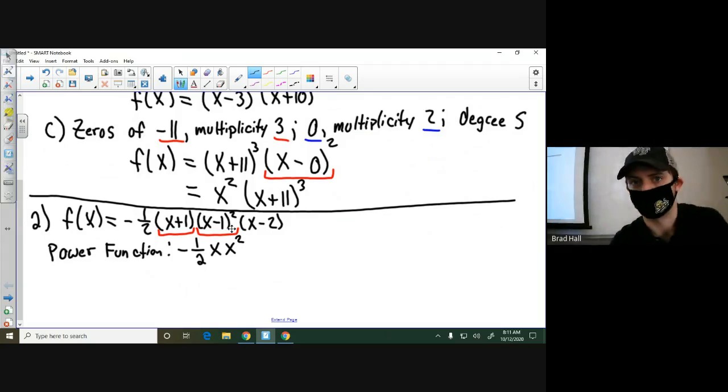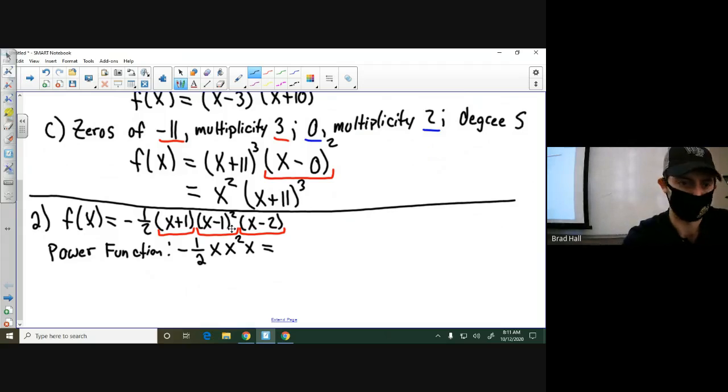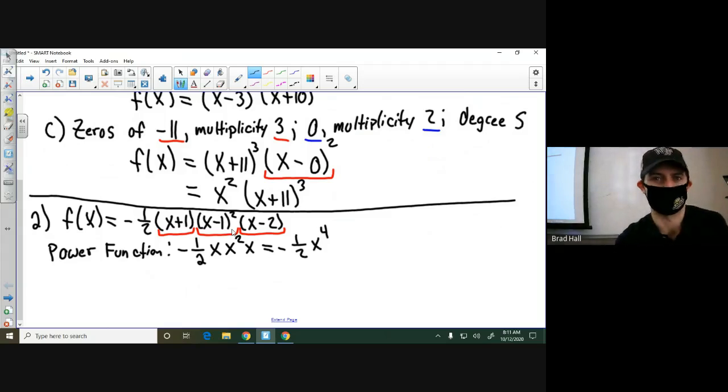So that's why I will drop down the square. And then next one, same idea. X minus 2, the x dominates the 2, so I just drop down an x. And then we bring everything together. -1/2, what is it, x to the 4th. And that would be the power function, x to the 4th.